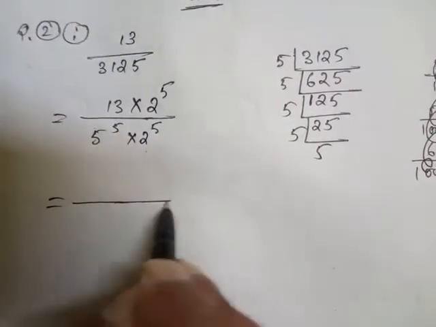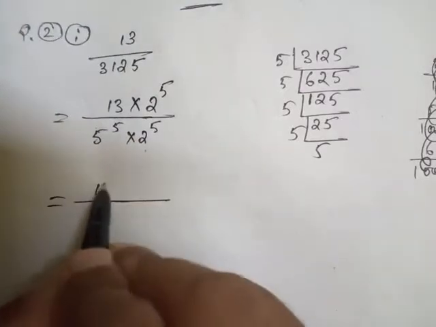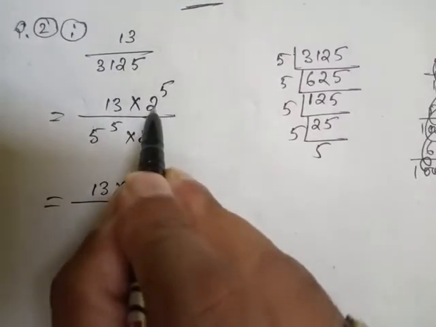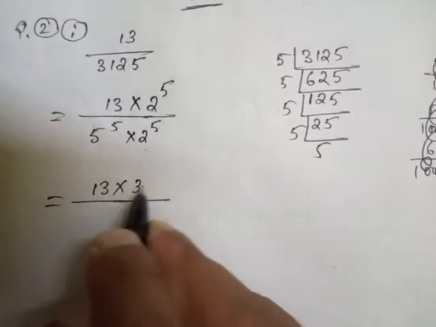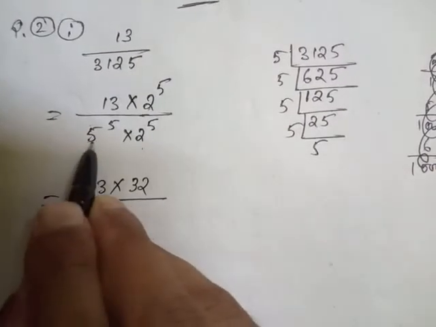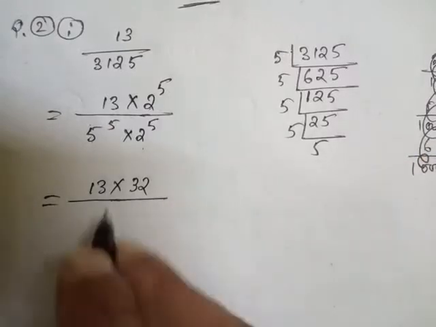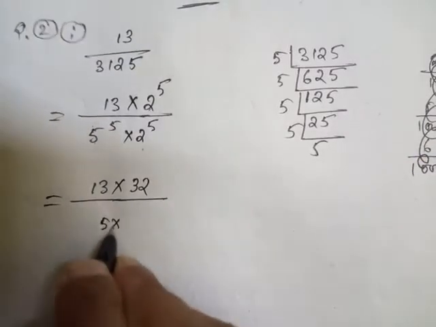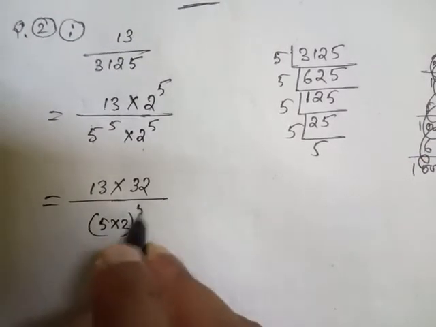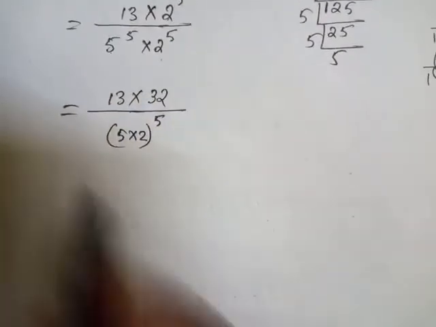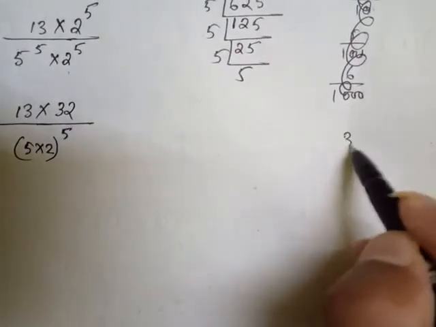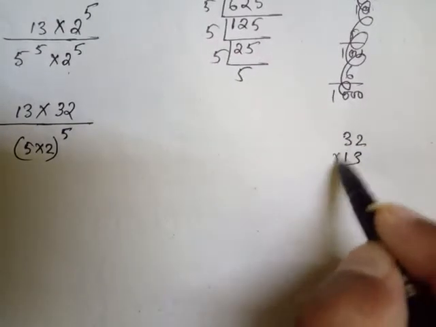Now 13 into 2 to the power 5, where 2 to the power 5 is 32, and look here, the bases are different, the powers are the same, so we can write it like this: 5 into 2 whole to the power 5. Now the next step would be, here I am just showing you by the side of this one, 32 into 13.